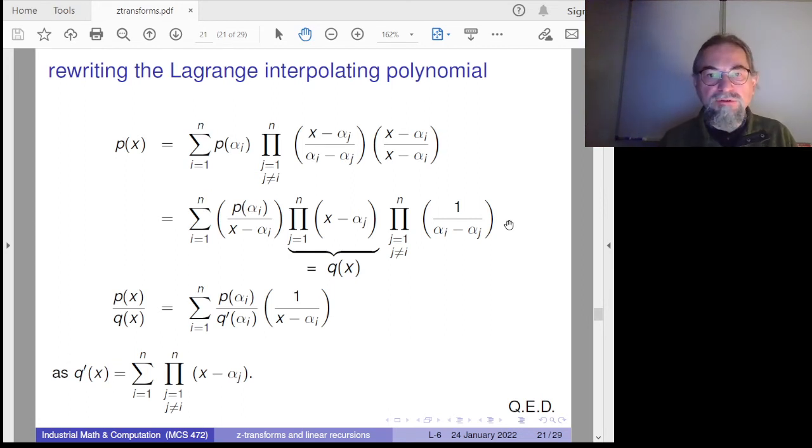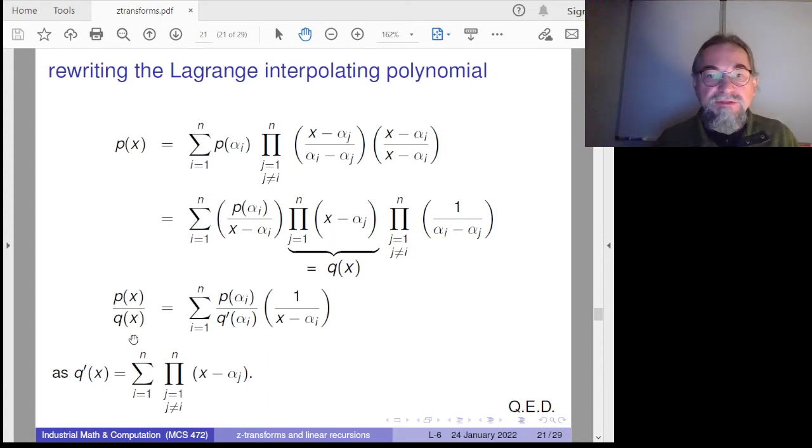I'm going to multiply by 1, and I'm going to move it into the factor. You see now the j goes from 1 to n in the product cannot be I, but if I move in the x minus alpha I factor, so that's the missing factor in this product, then I have my q, and I can immediately already bring it to the left-hand side, divide by it.